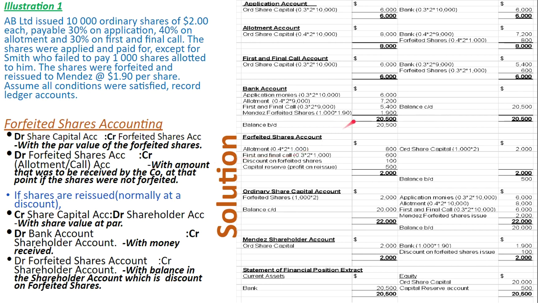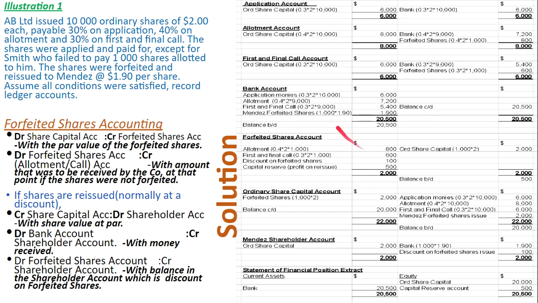So we are going to credit our allotment account, narration forfeited shares. The amount that was to be received is 40% times 2 times 1,000 to give us $800. Double entry, we debit our forfeited shares account, narration allotment, 40% times 2 times 1,000 to give us $800.